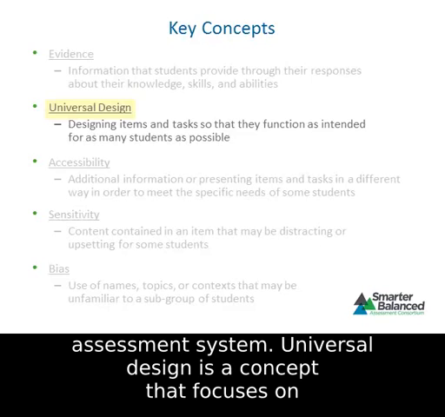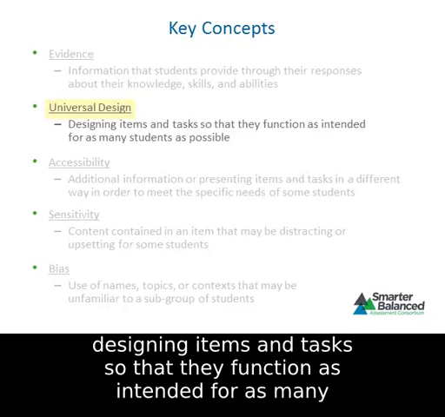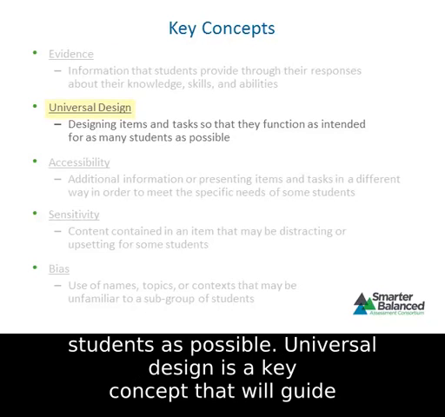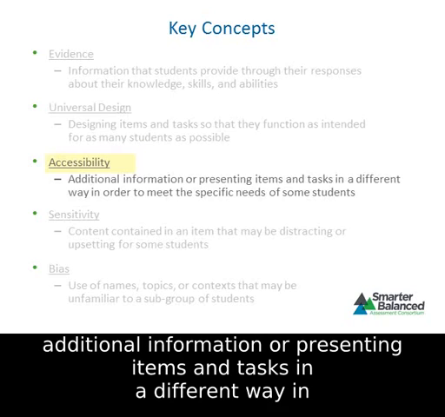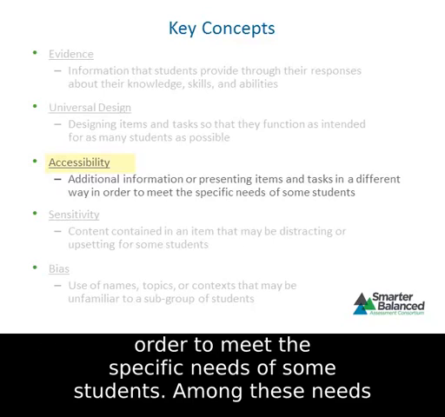Universal design is a concept that focuses on designing items and tasks so that they function as intended for as many students as possible. Universal design is a key concept that will guide development of all items and tasks. Accessibility focuses on including additional information or presenting items and tasks in a different way in order to meet the specific needs of some students.